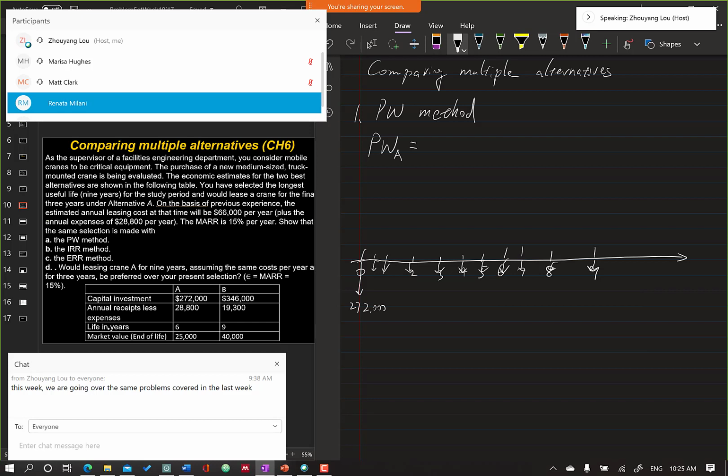Even though the lifetime for A is 6 years, we'll have these annual expenses for all 9 years. And we also notice in this sentence, on the basis of previous experience, the estimated annual leasing cost at that time will be 66,000 per year. So that's after year 6. But it mentions plus the annual expenses of 28,800 per year, so that's actually throughout the 9 years.